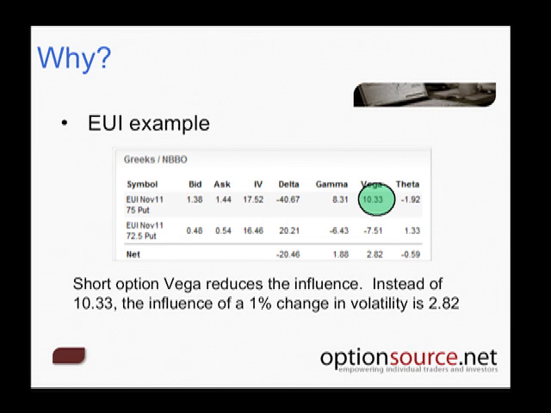Now, the reason to gain is that the short Vega, which is sitting here at 10.33, and I'm using the EUI as an example, and this is the put option, is actually offset by the long Vega, which is the November put option here, the 75 strike.